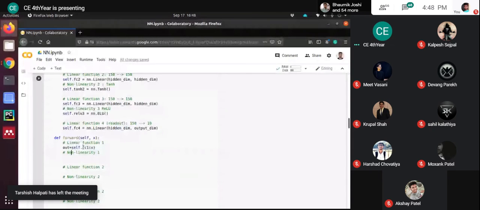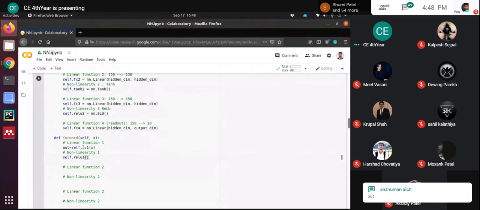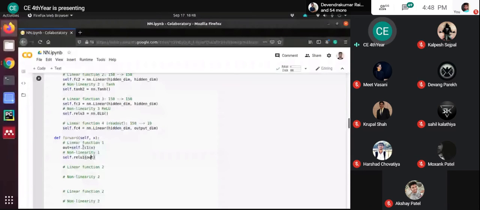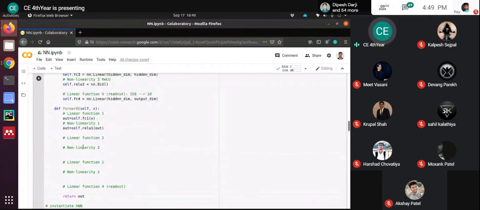So self.relu1, and the input would be the output from the first linear layer. Right. And let's say the output produced by this first activation, once again, we'll name it out. So I hope now you can complete the remaining portion of this forward pass. Just complete it, and then once again we'll continue with the discussion.